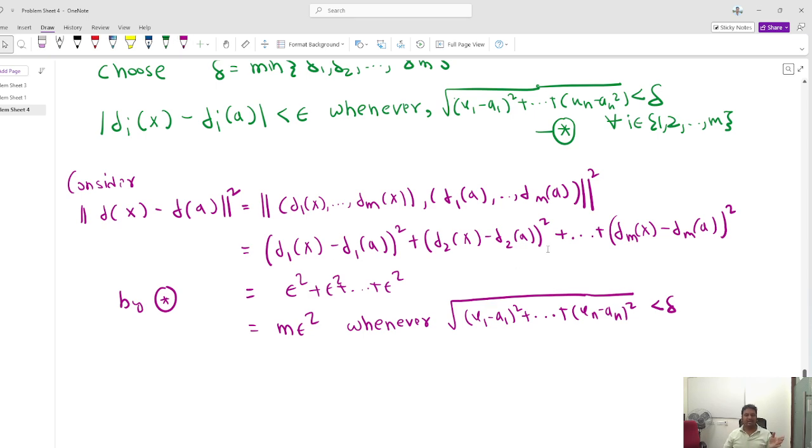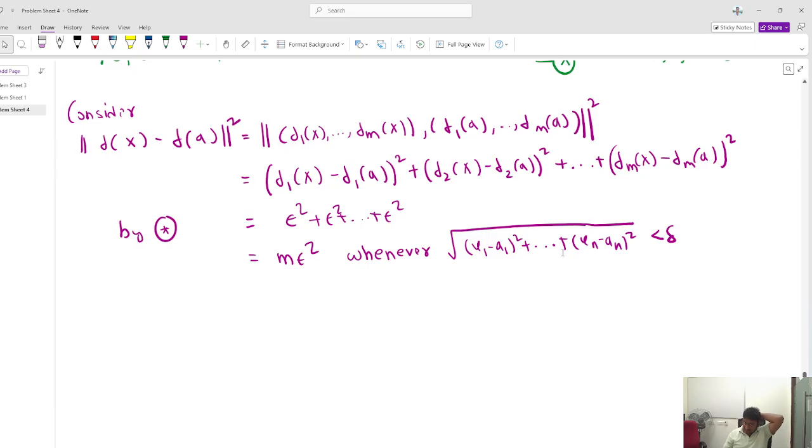Correct? I have used all of these statements. Now this implies the norm of f x minus f a, basically the distance, I can remove the square, will be less than the square root of m times epsilon, right?